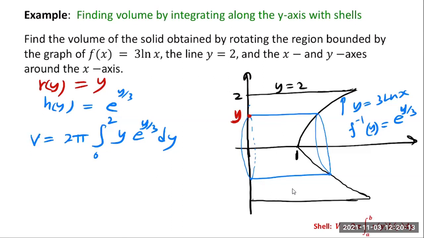If you calculate this, you will get approximately 24.48. This is the approximate volume, in cubic units, by the way. Okay, all right, that completes that example. Let's move on.